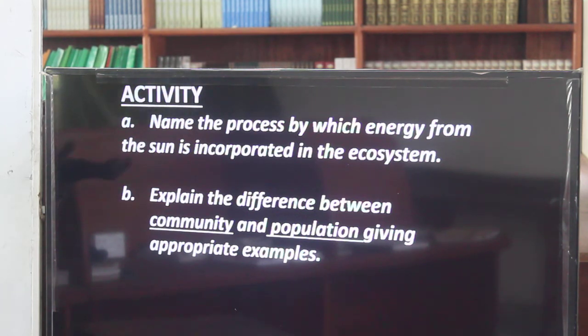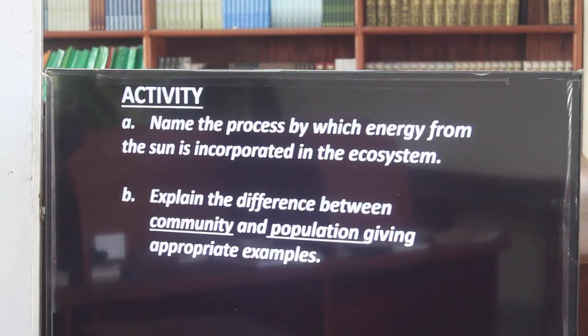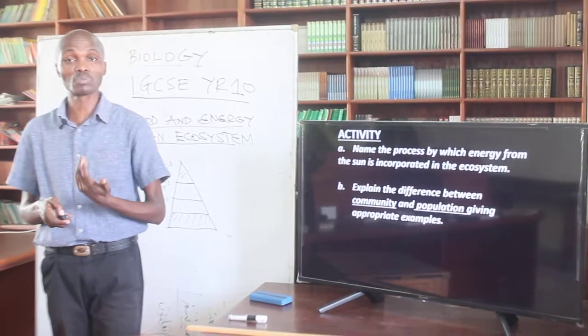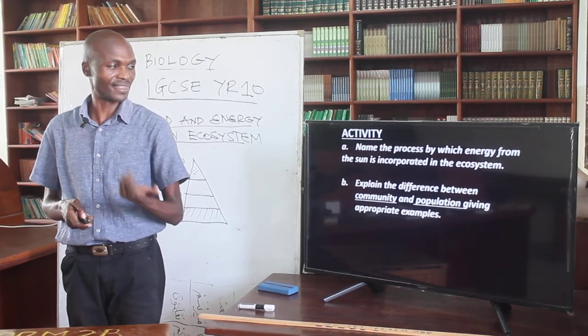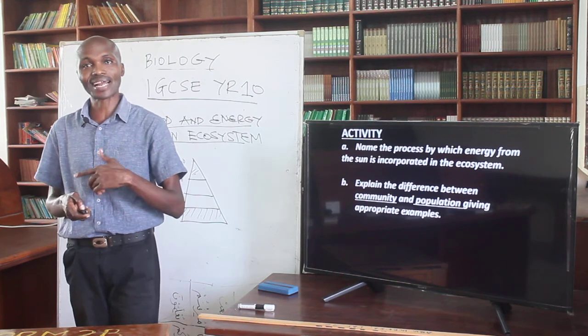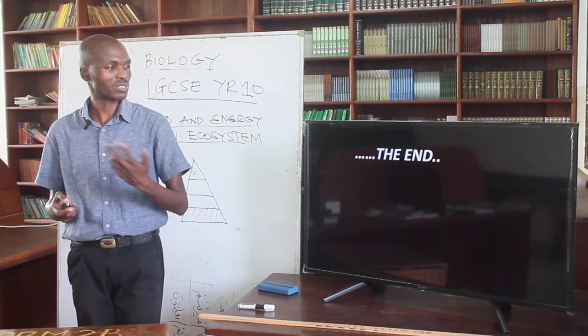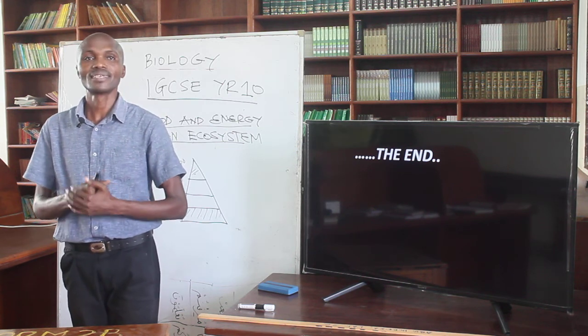You can make reference to your biology textbook, TNB book 3. You'll be able to clarify a few of those issues that may not be all that clear. In the event there is an issue, you can also interact via the Google Classroom and tackle whatever you have. Otherwise, thank you so much.